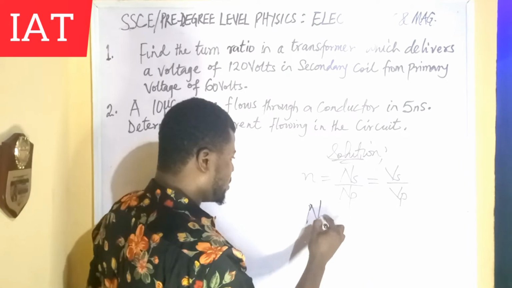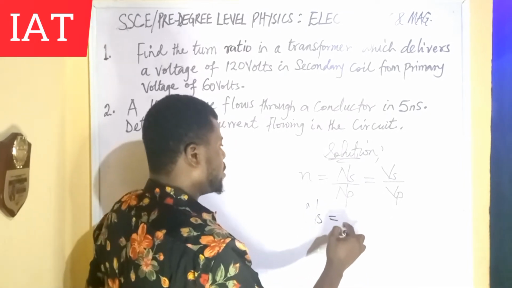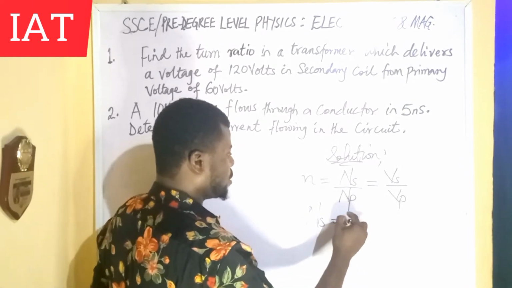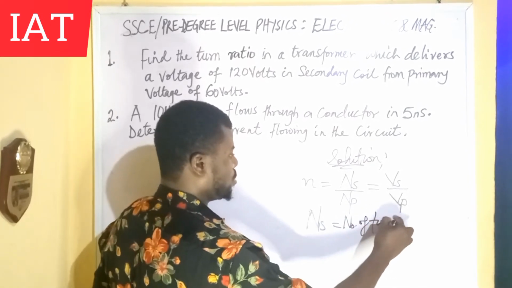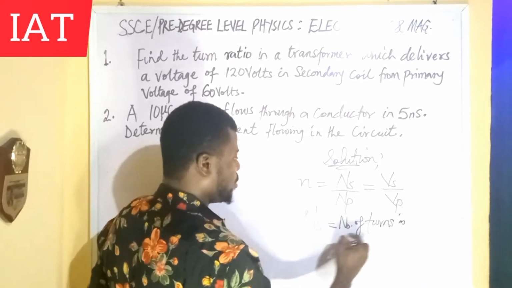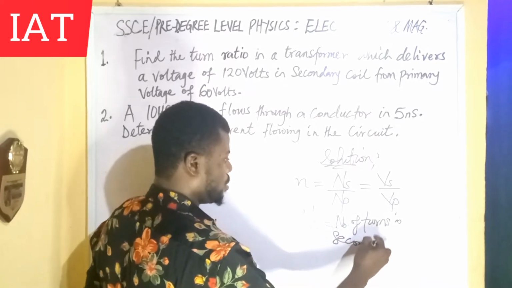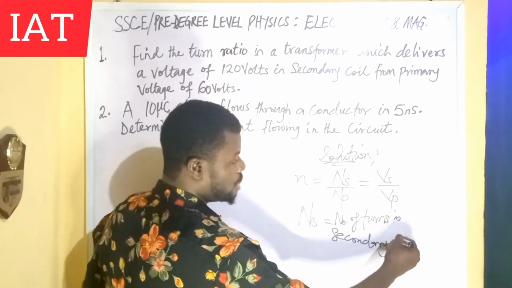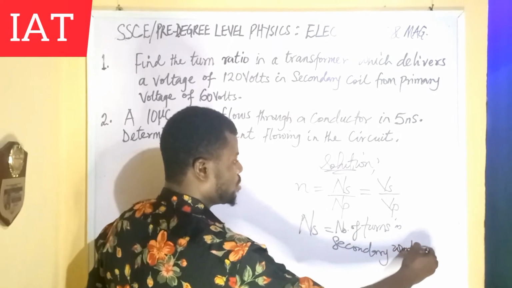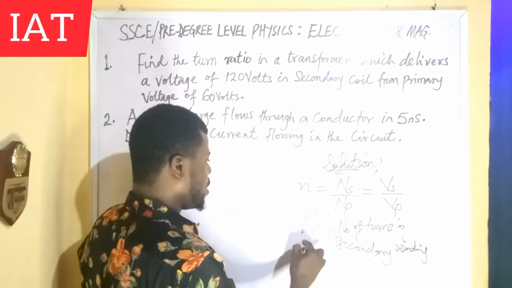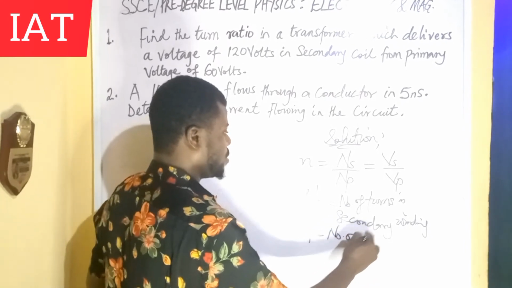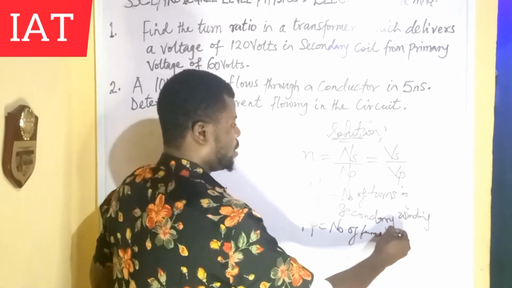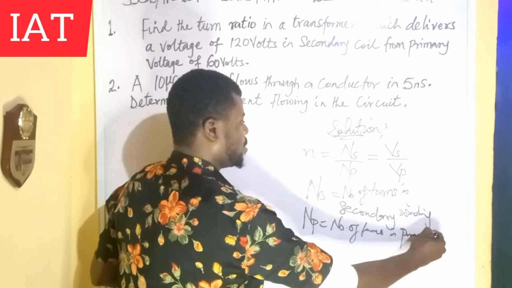N subscript S means the number of turns in the secondary windings or secondary coils, whichever one you want to use. N subscript P is the number of turns in the primary winding.